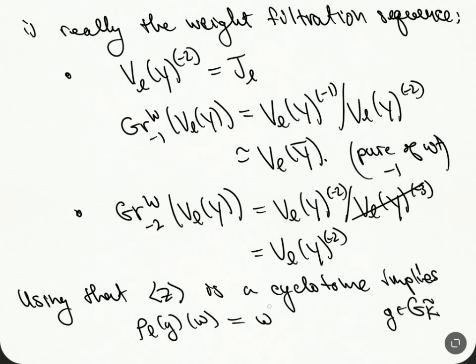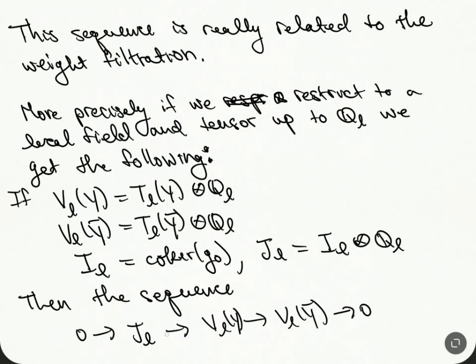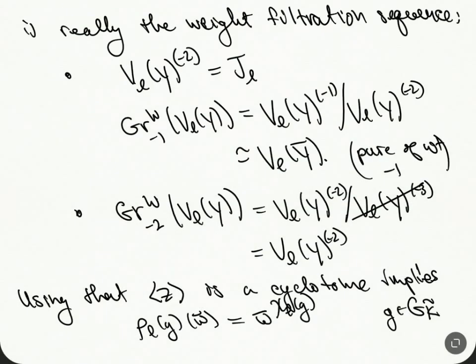And W bar is the image in here. So here we need to take the abelianization and then the pro-L quotient. But if we do this, we find that this guy here in the quotient is isomorphic to ZL minus ZL1.